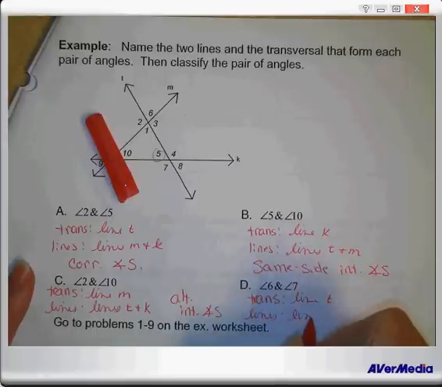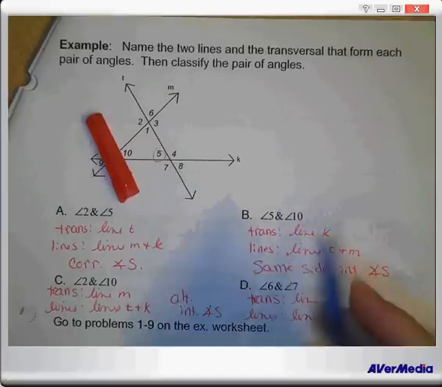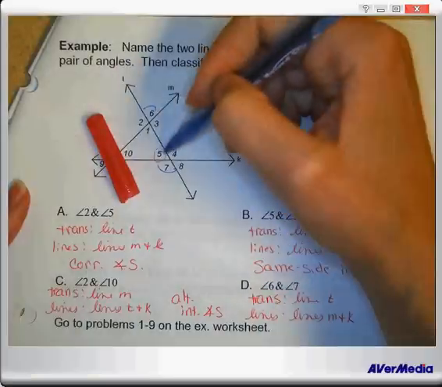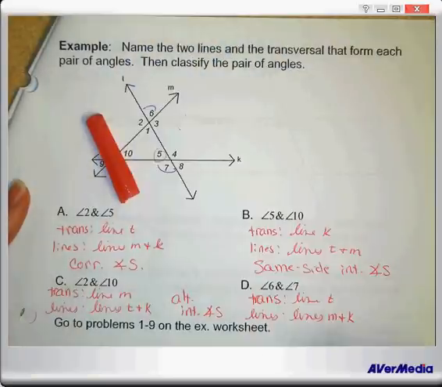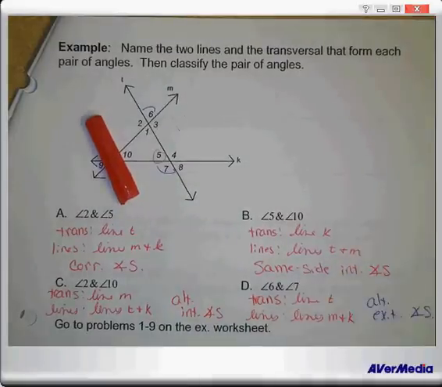So it's going to be lines M and K. And last but not least, we're going to have our angles. Notice which ones they are, 6 and 7. This is considered the interior. These are going to be on the exterior. So we have alternate exterior angles. All right, when we come back for notes, we're going to work on some examples here together.